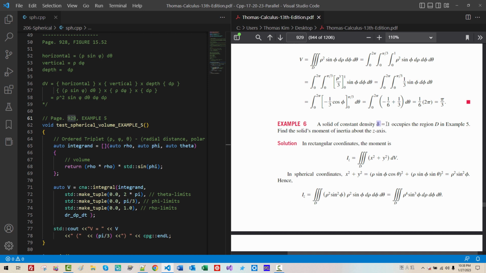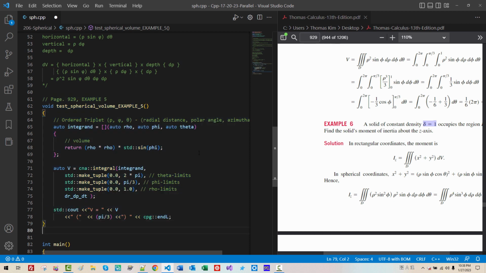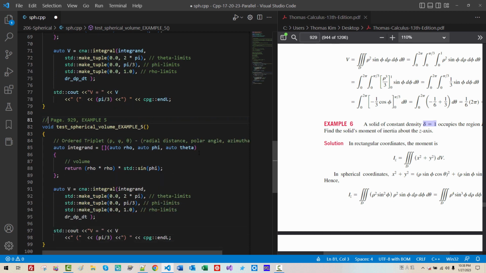Our density is given as 1. Example 5, scroll down, copy, paste. This is page 929, example 6. Test spherical moment of inertia.